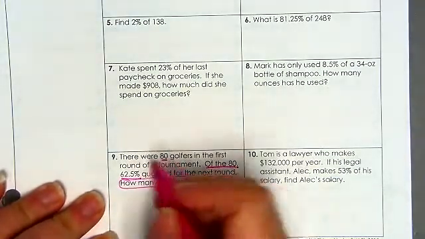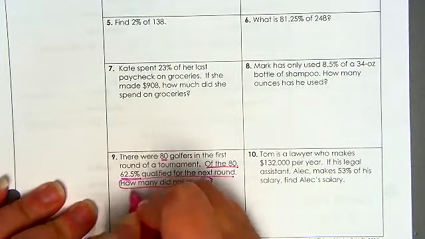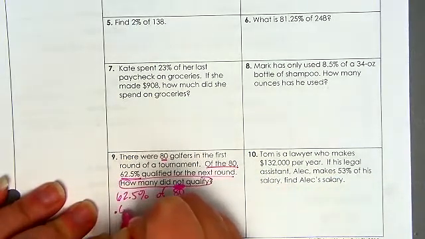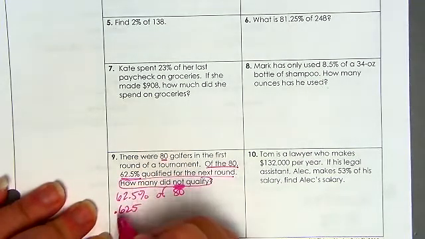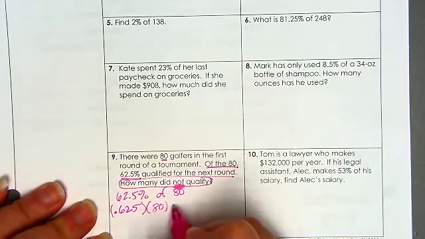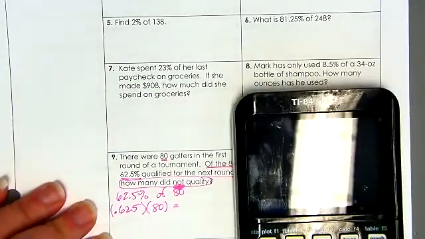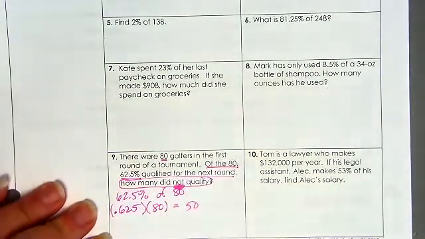I'm going to figure out what 62.5% is of 80. So that's going to be 0.625, because that was a decimal to begin with, but it's a decimal percent, I need to make it just a decimal. So I'm going to do 0.625 times 80. And when we punch that in the calculator, we get 50.